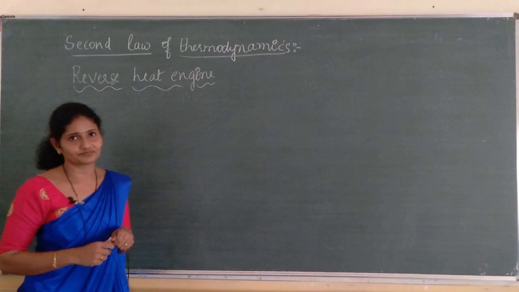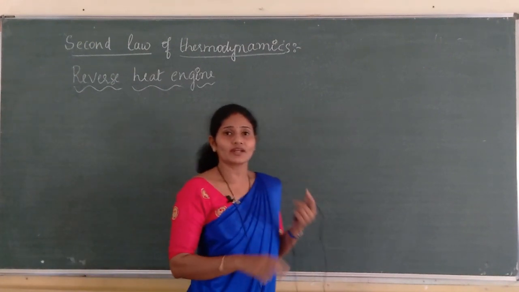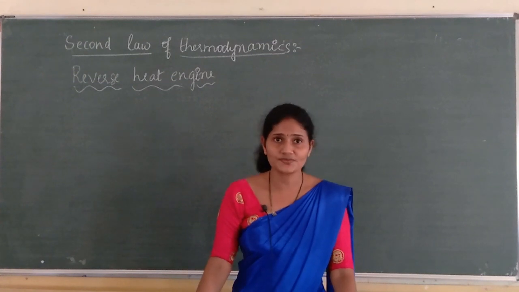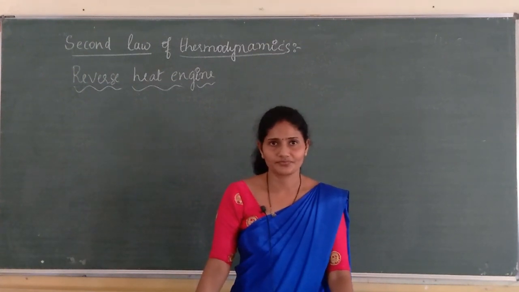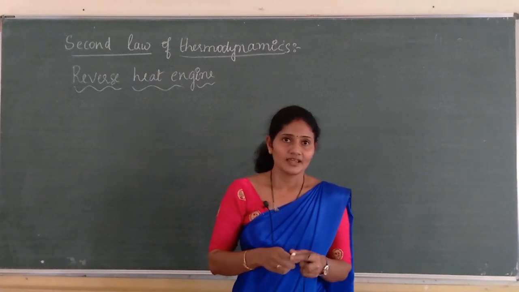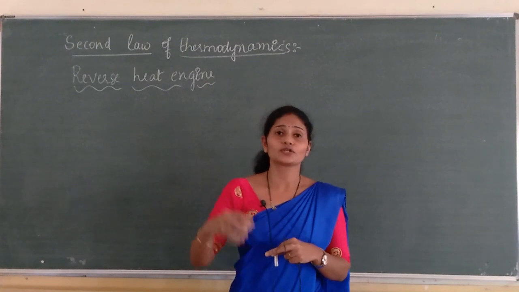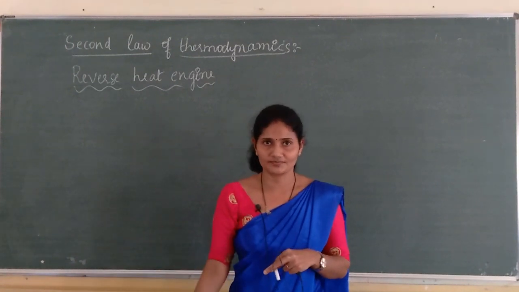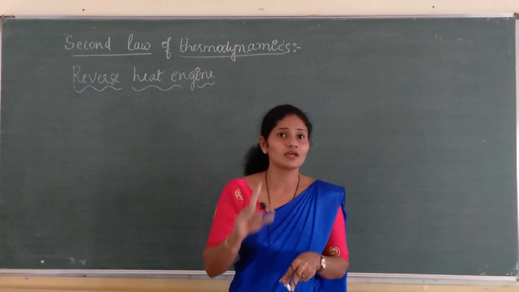Reverse heat engine, that means here the working substance absorbs heat from the cold reservoir and then it releases some excess heat energy to the hot reservoir. Naturally, this process is not possible.